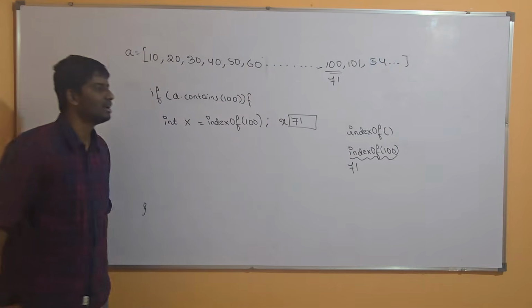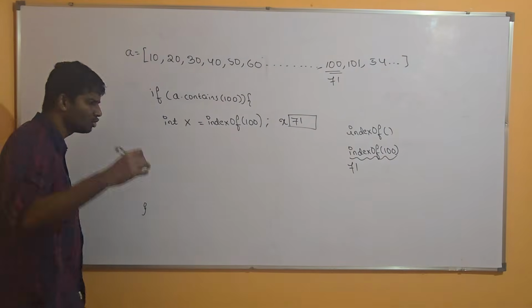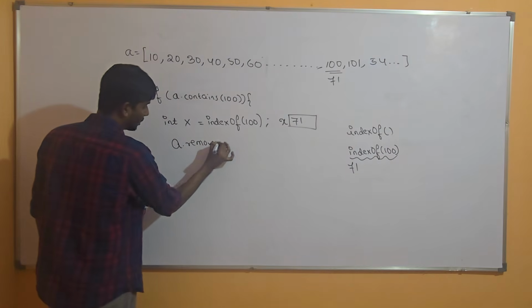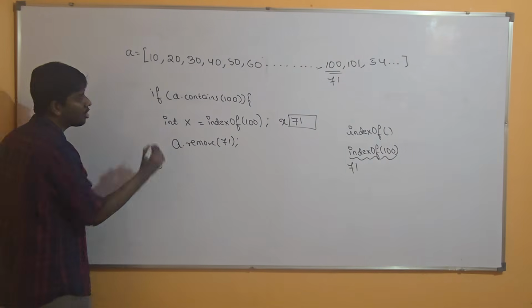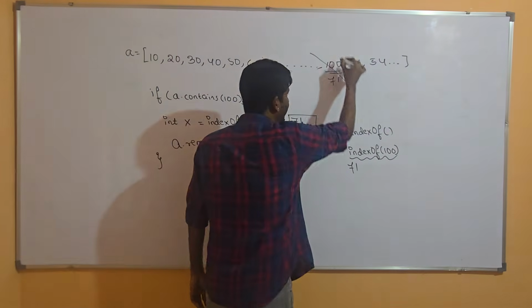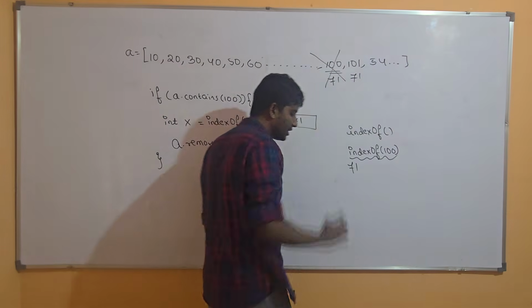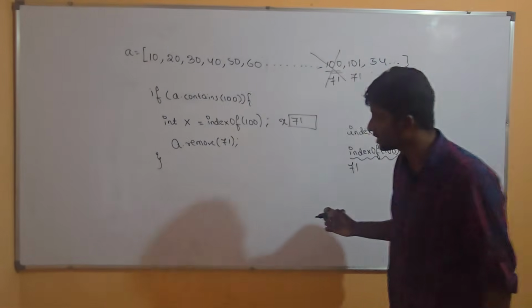What is 71? The index of the number 100. Then you know, now you can confidently write A dot remove 71. The moment you do this, my friends, 100 will be removed from the array list and the next element will be shifted one step forward to index 71. Is it clear? This is a duo combination. It's a combination. What's the combination?